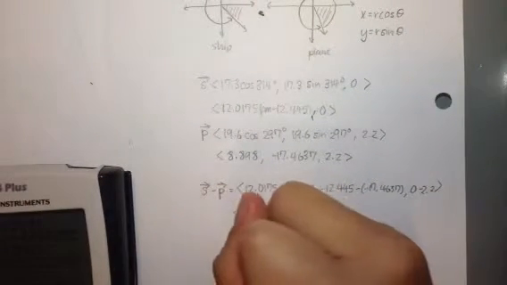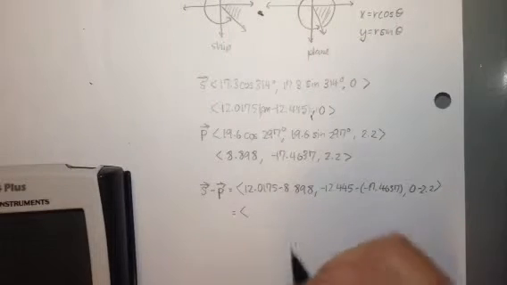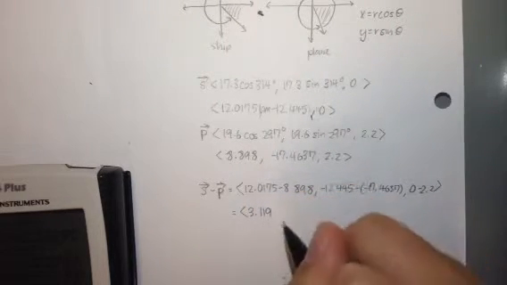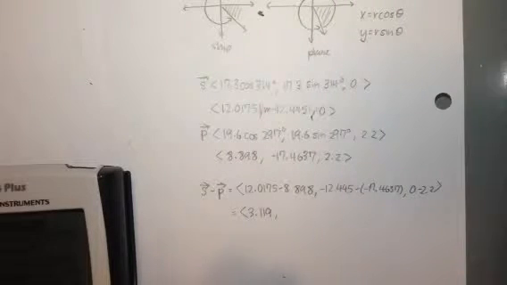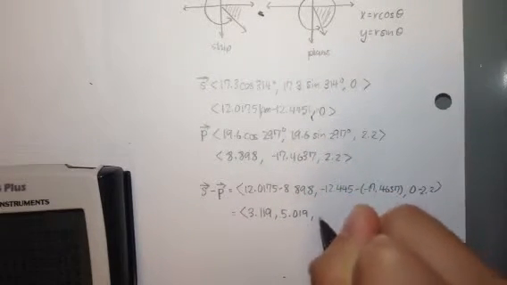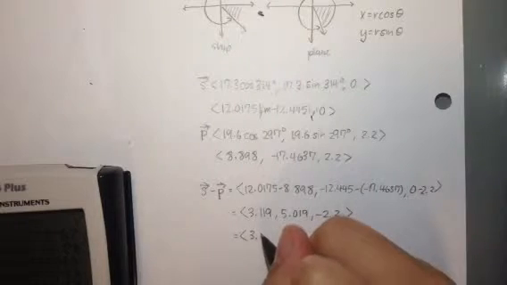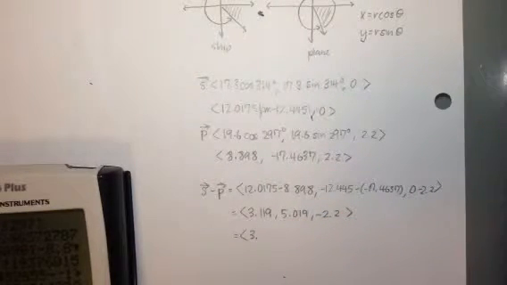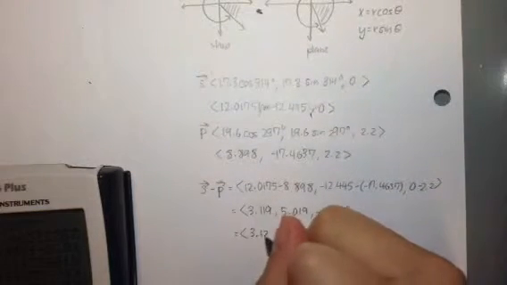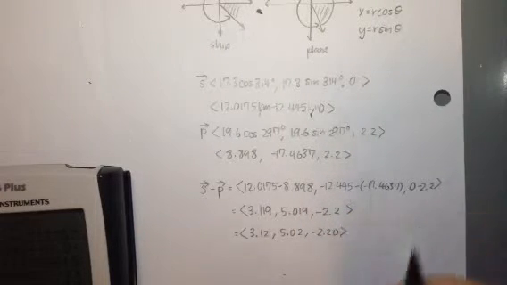On our calculator, we're going to get around 3.119, around 5.019, and obviously negative 2.2. If we round that, it's 3.12, 5.02, and negative 2.20 kilometers.